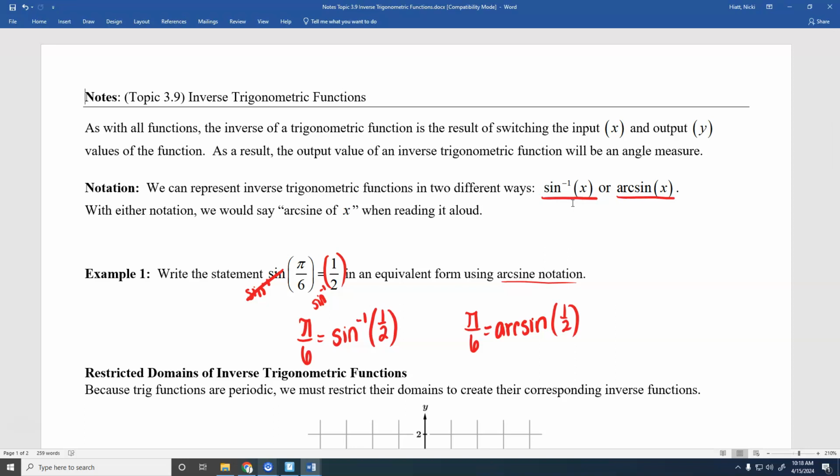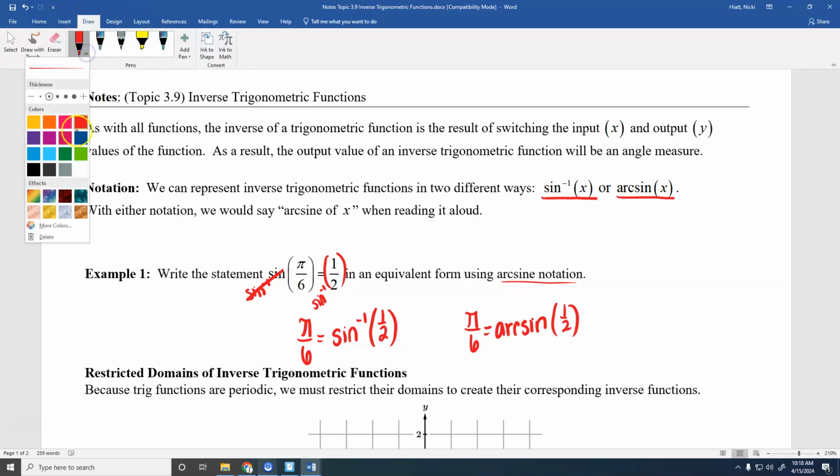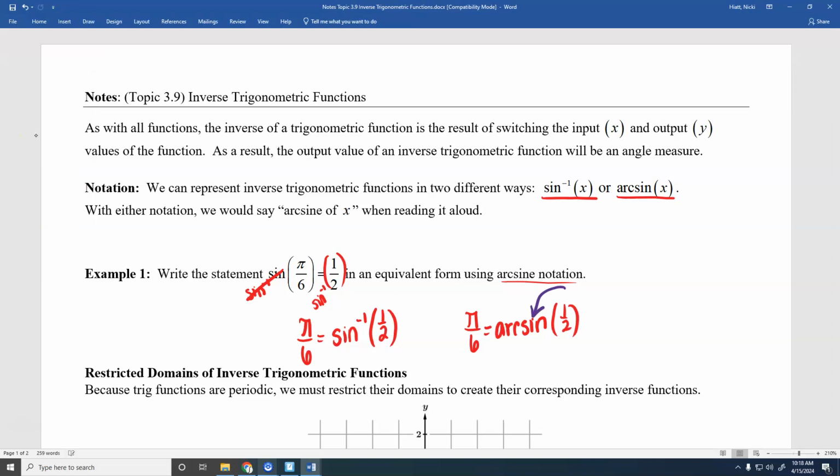Now, I sometimes like to think of this more like an equation. Whenever you have arc sine or inverse sine, either one, let's point an arrow to either one. They're the same thing, just different ways of writing it.